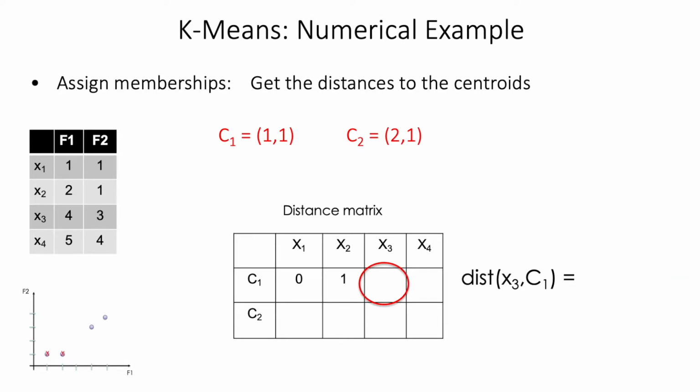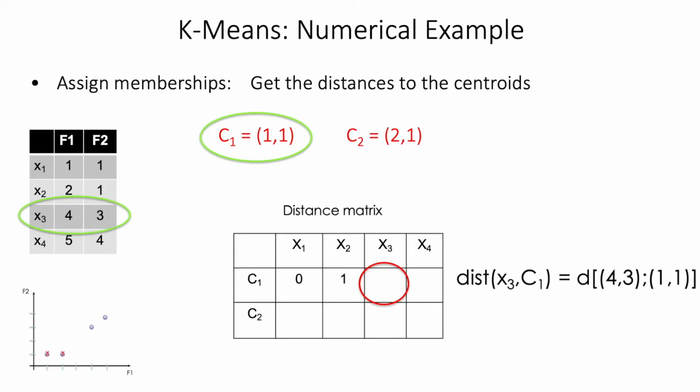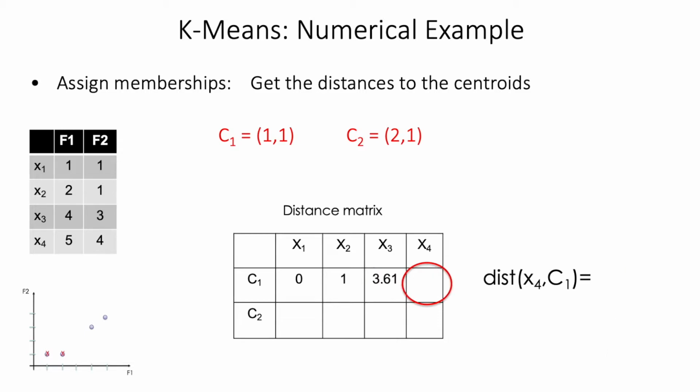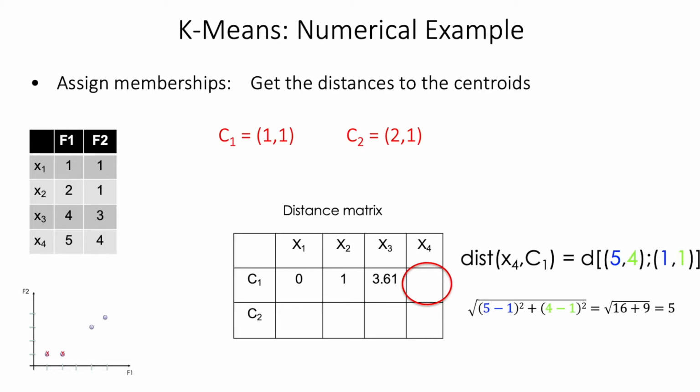Now the distance between x3 and c1, which is between (4, 3) and (1, 1). Again, Euclidean distance: (4 minus 1) to the power of 2 and (3 minus 1) to the power of 2. That's the square root of 9 plus 4, approximately 3.61. Doing the same between x4 and c1, which is between (5, 4) and (1, 1), the calculation is here, and we get 5.